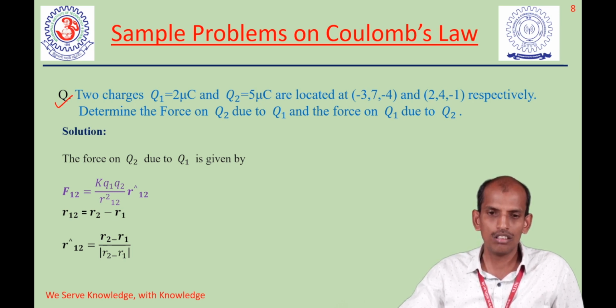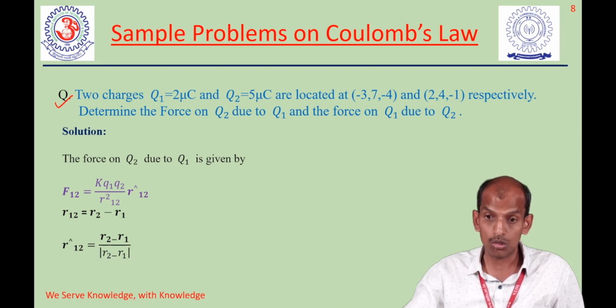Now the coordinate systems are used to locate the position of a charge. So if I have a charge Q1 located at the point (-3, 7, -4), and there is another charge located at the point (2, 4, -1).